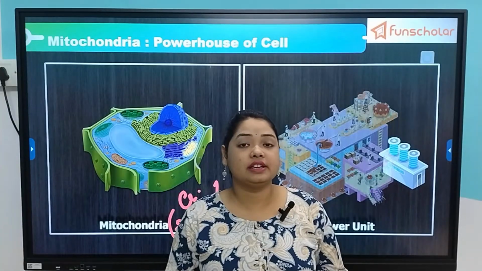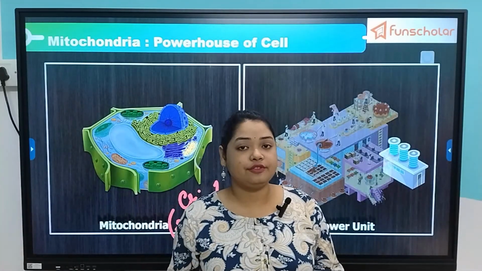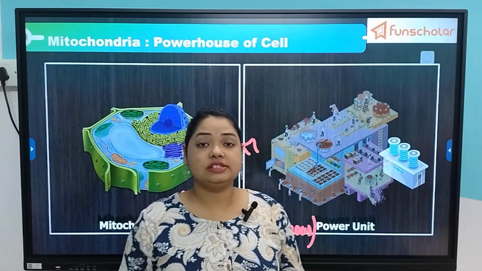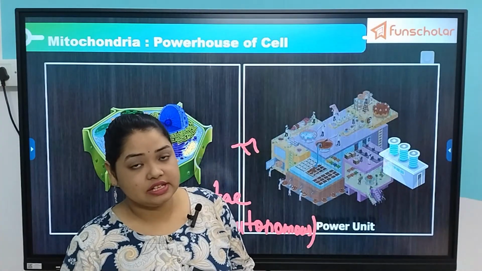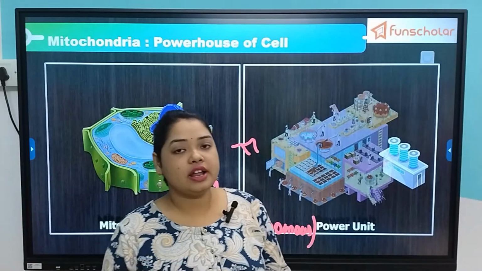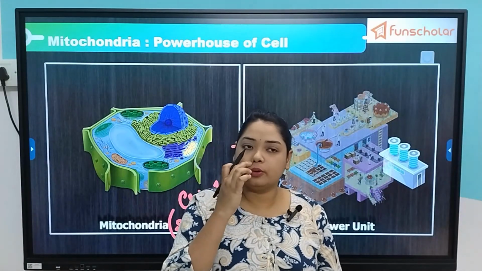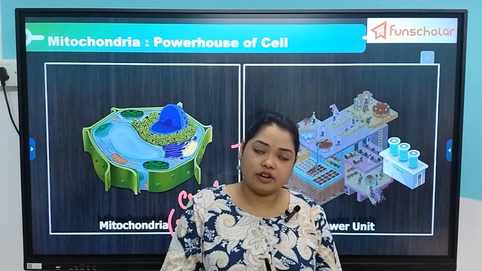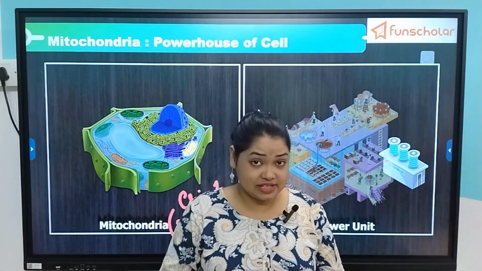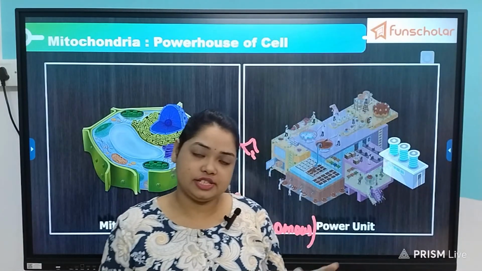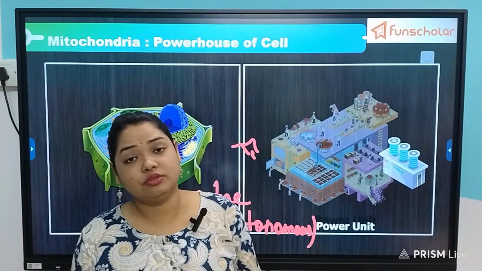It abides by the instructions received from the nucleus also, in the form of the proteins coded by the genes. So on one hand, it has its own DNA to function on its own and its own ribosomes to synthesize its proteins. But on the other hand, it also abides by the instructions given by the nucleus.